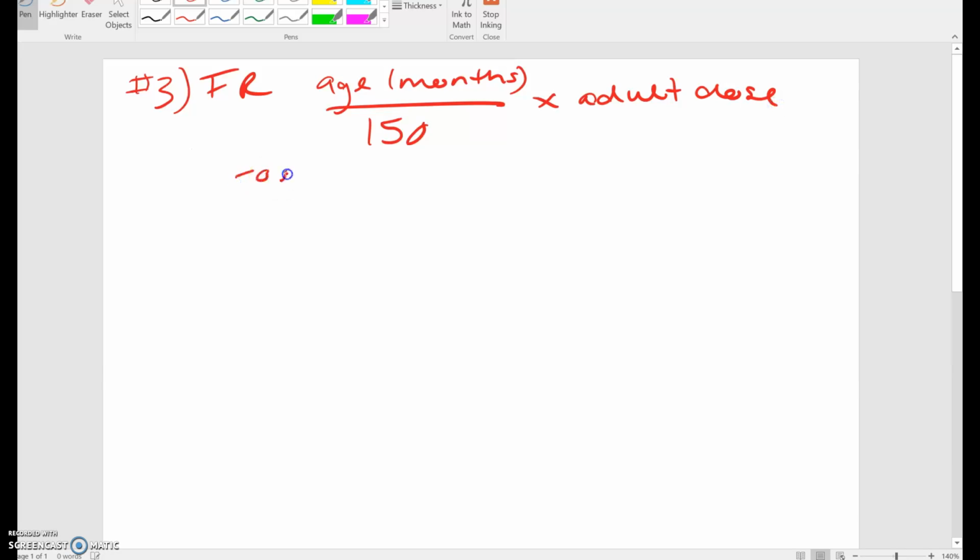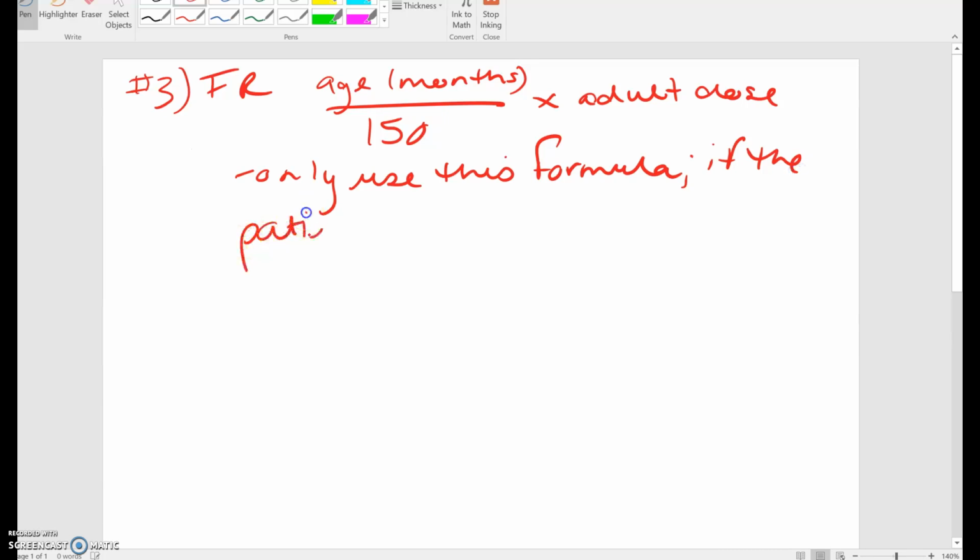You only use this formula if the patient is 11 months or younger.